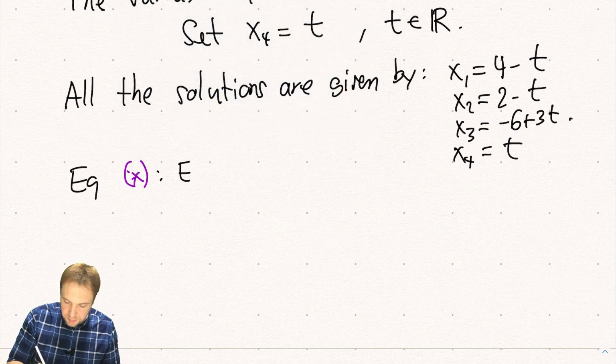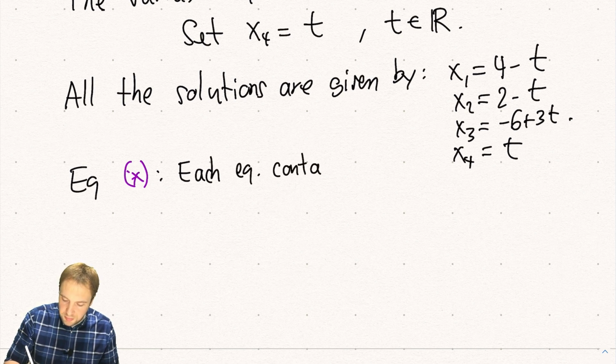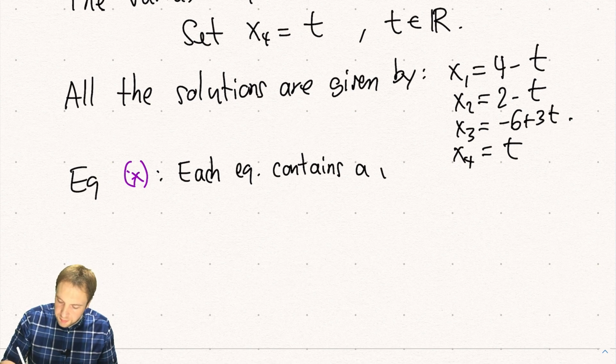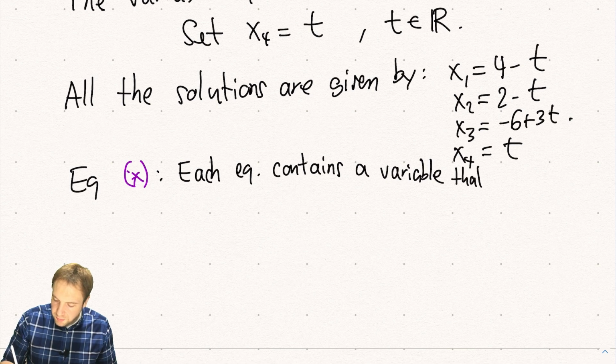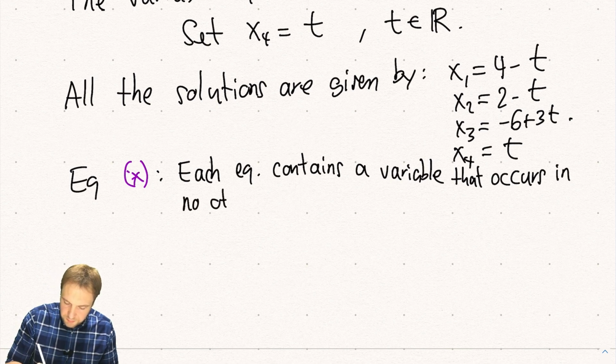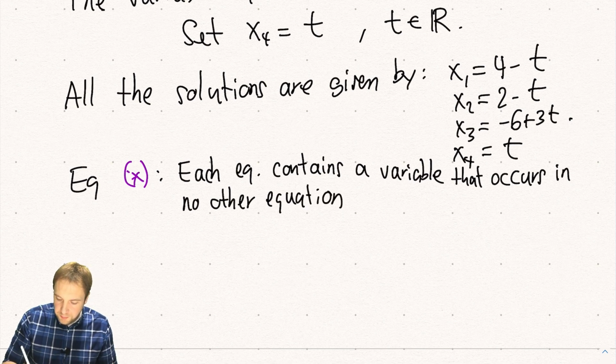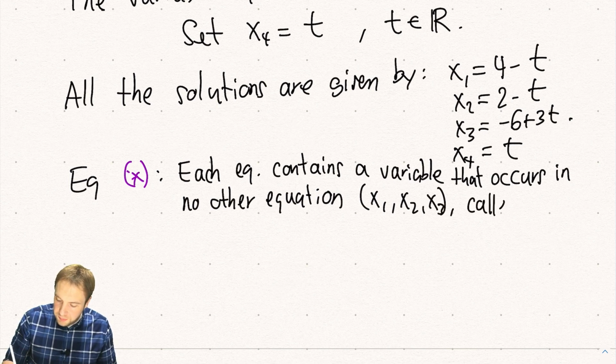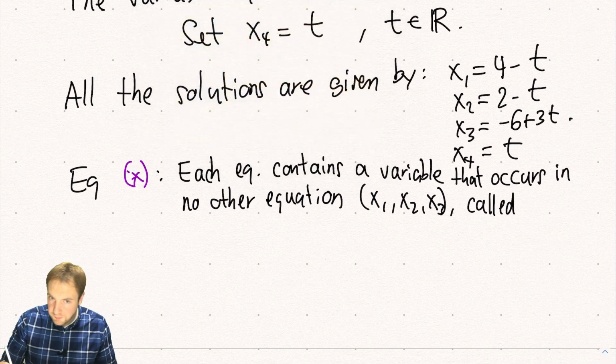each equation contains a variable that occurs just in this equation, so that occurs in no other equation. So in our case, we have x1, x2, and x3, and these are called pivot variables.